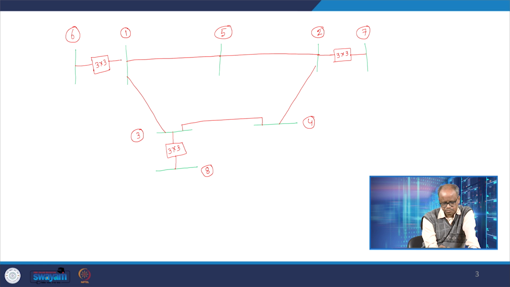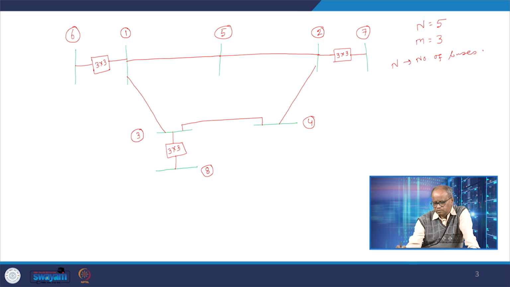Now what is this impedance matrix that we need to discuss? My original system size was n equal to 5, m equal to 3, where n is the number of buses in the original system and m is the number of generators.